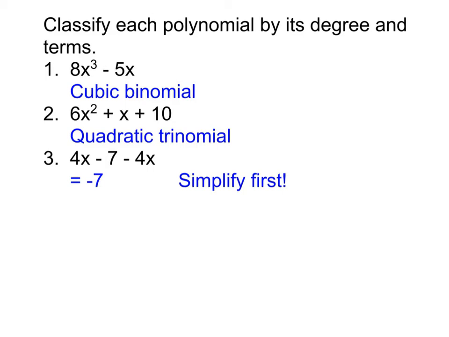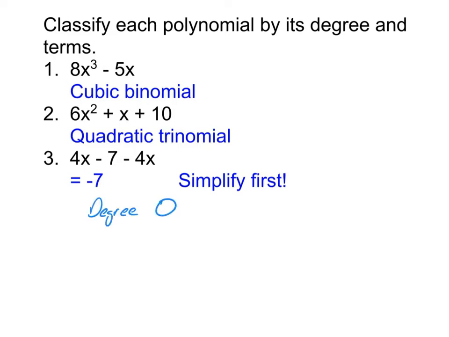All right, so how do I classify -7? The first thing we need to know is what's the degree, which is the highest exponent. But I don't even see an x there. How could there be an exponent? Well, if we tried to force putting an x in there, in order for it to not have to be there, it would have to be to the power of 0. So this is actually a degree 0 polynomial.